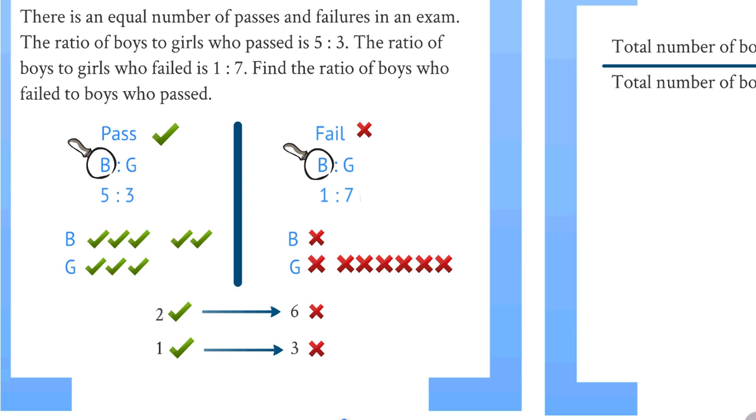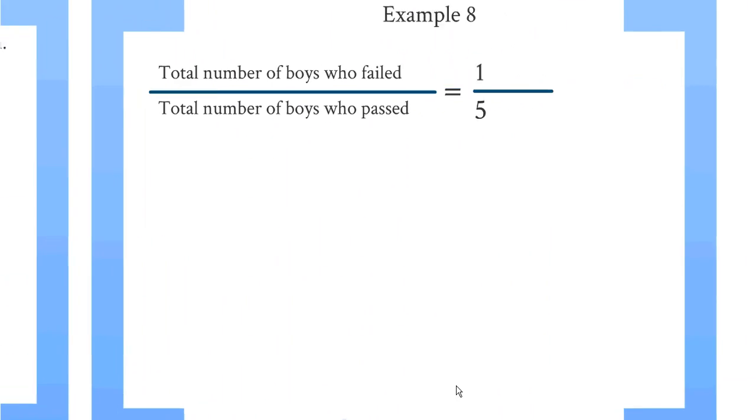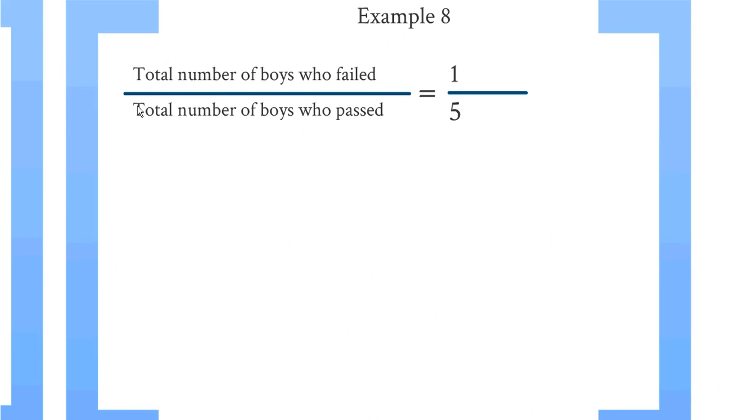But again, we must remember that here we are dealing with ratios, whereas now over here it says total number of boys who failed. So we need to take this 1 here and we need to multiply it by the unit of failures.